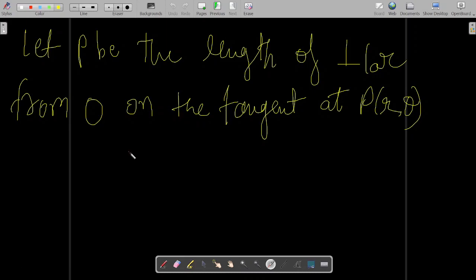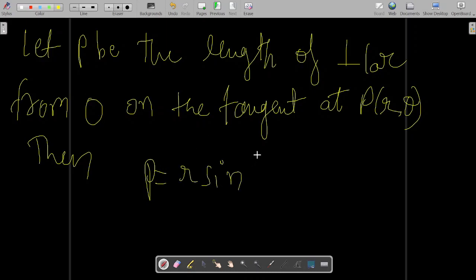Then from the basic equations, what do you have? Then P is equal to r sin theta, r sin phi basically. Okay, this is your equation number 1.